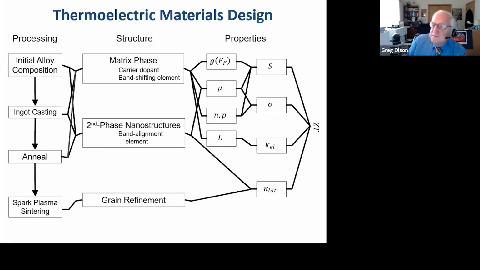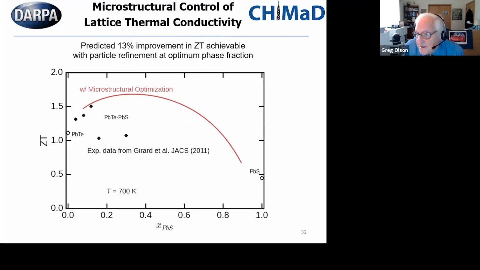And one early example of that was to build out the CALPHAD thermodynamics of this lead telluride, lead sulfide system, taking the same framework, and then actually predict from a phonon scattering model if we optimize the particle size, what level of performance we could achieve as we vary the phase fraction of the lead sulfide particles.